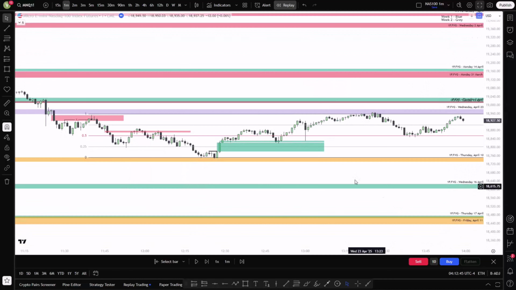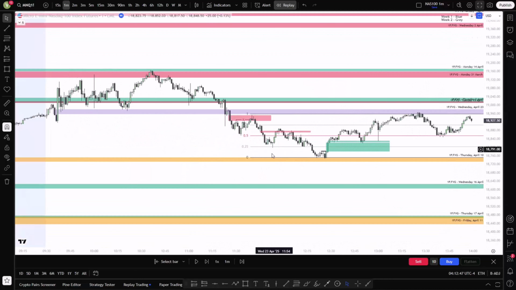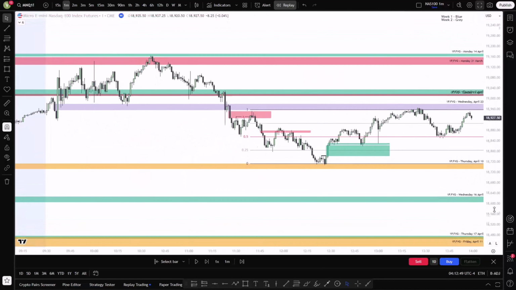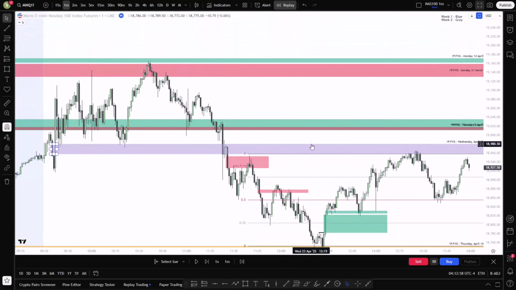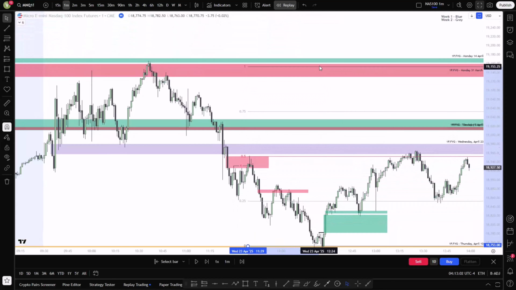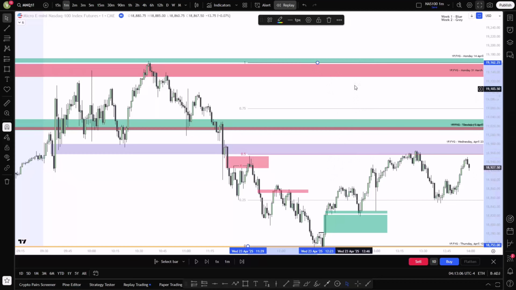If it travels with speed and disrespect the range, for example, you have this range. If price just travels with speed, totally disrespecting this range, you will know that most probably your reference point or this gap should be further up. Okay, you should probably use a gap that's further up.